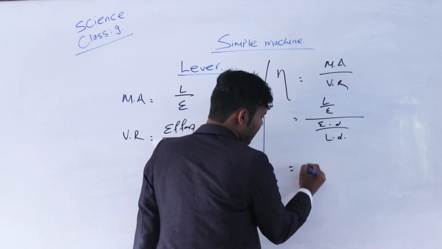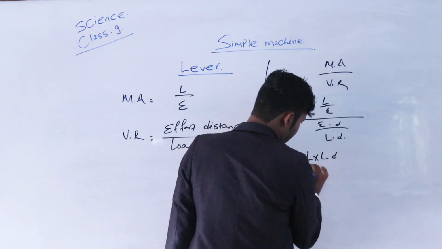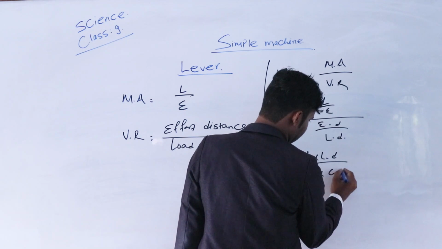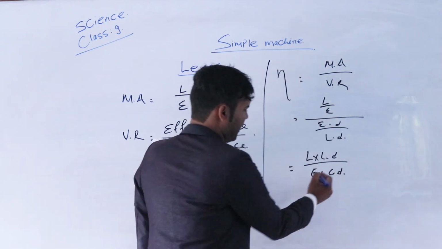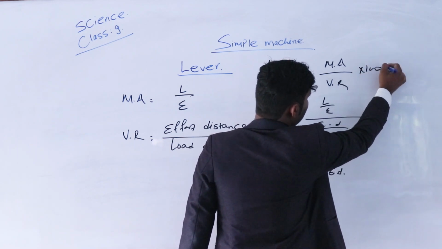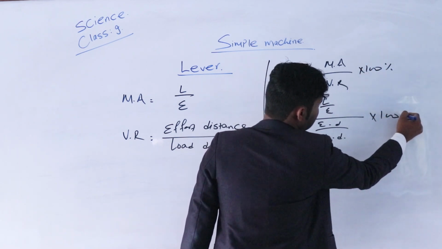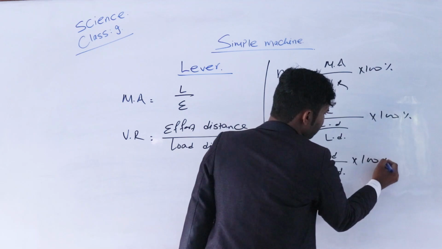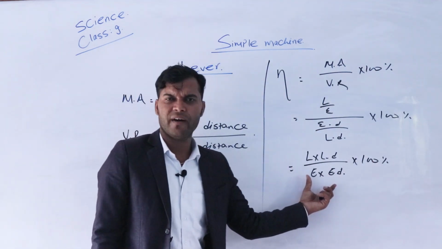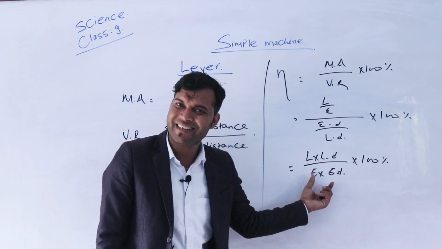It gives L into LD upon E into ED, into 100%. This is the formula to calculate the efficiency of a lever, isn't it?